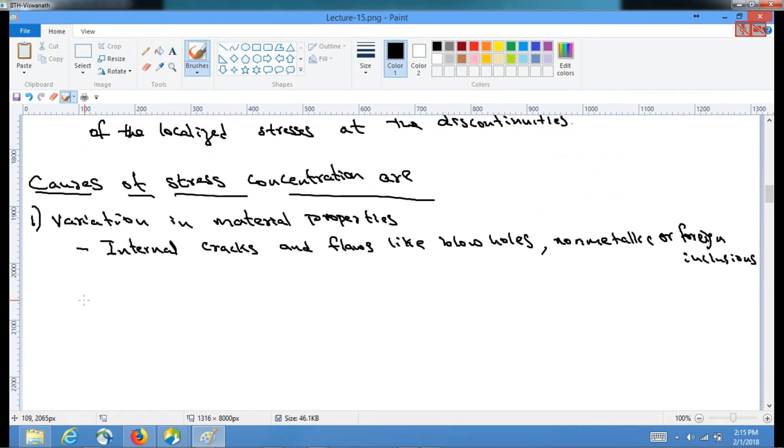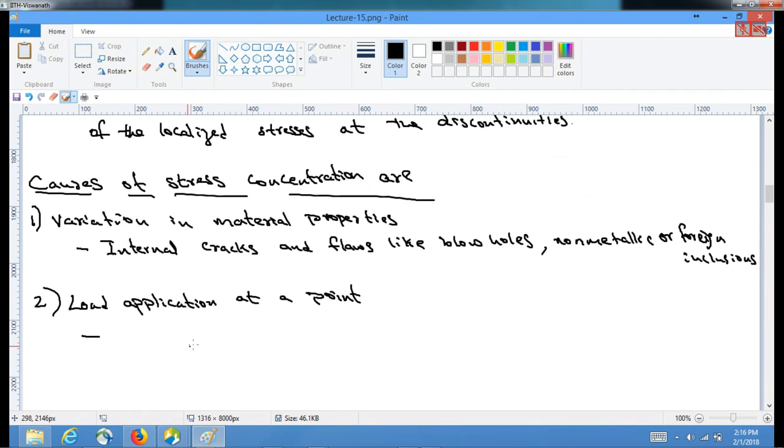Second, load application at a point. Generally, if you have point loads, under the point load the resisting area tends to 0, so it would shoot up the stresses.